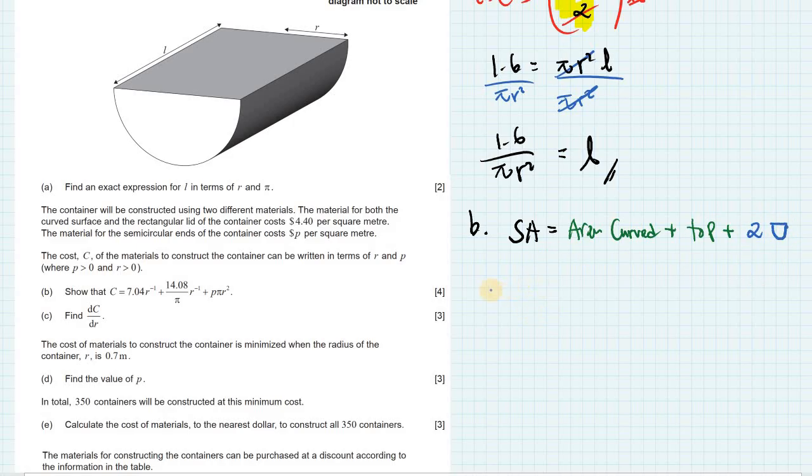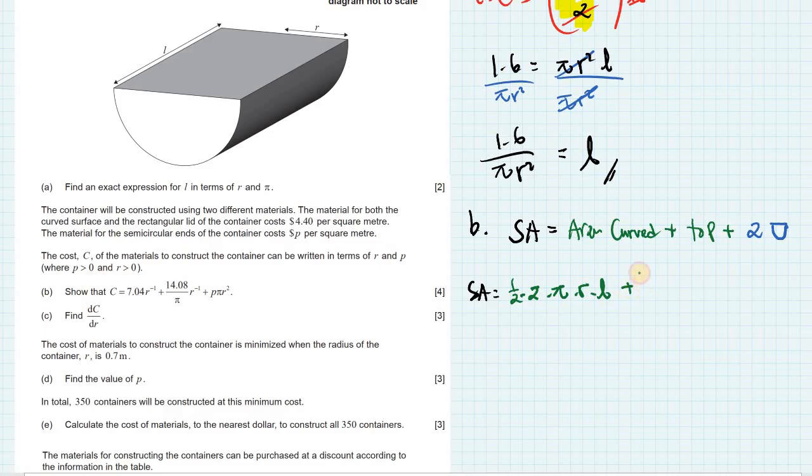Okay, this is going to be long. The area of the curve will be half times 2 times pi times r times the length. Remember, 2 pi r h is the area of the blanket, but since h is L, we use L, and since it's only half, we multiply it by half.